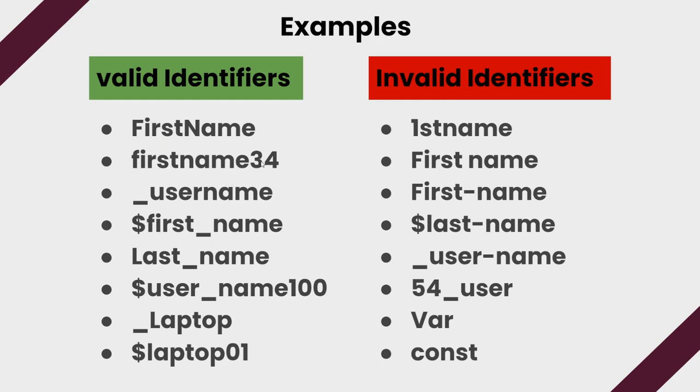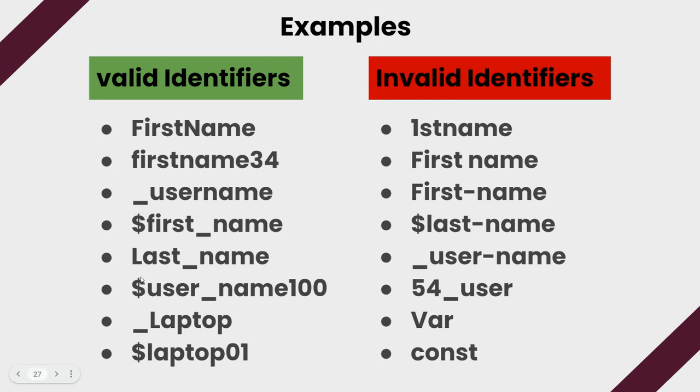So having this digit at the end here is very valid. Also, I made mention that you can begin the identifier name with an underscore. So _username is actually correct. Also, we can begin with the dollar sign. So here we have $first_name. This is a very, very valid identifier. Next, we have last_name, very valid too.